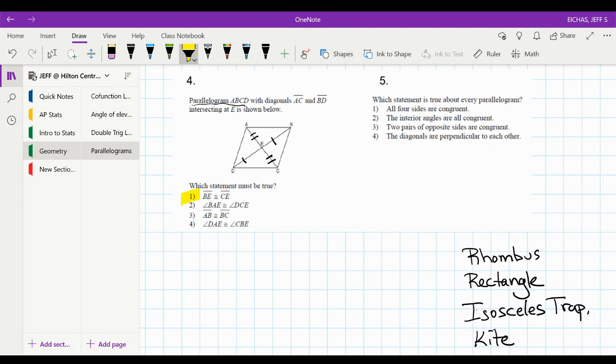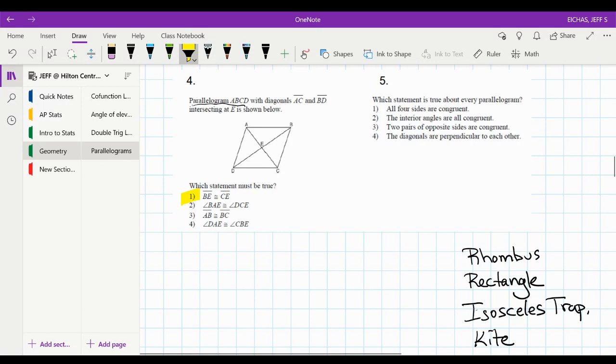If we did have that, if BE was the same as EC, it could be a rectangle because a rectangle has to have congruent diagonals. Okay, so if that was the case, it would upgrade this to rectangle or square.